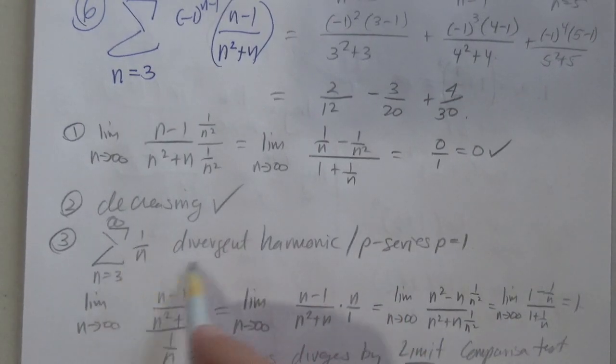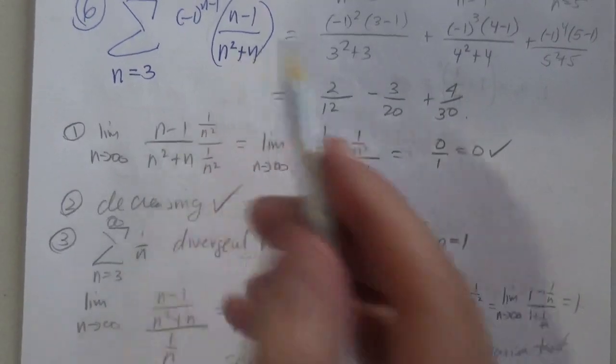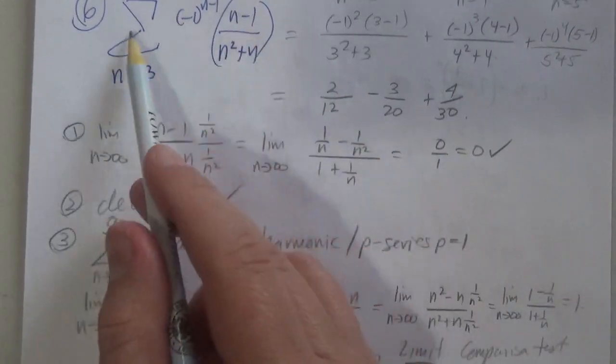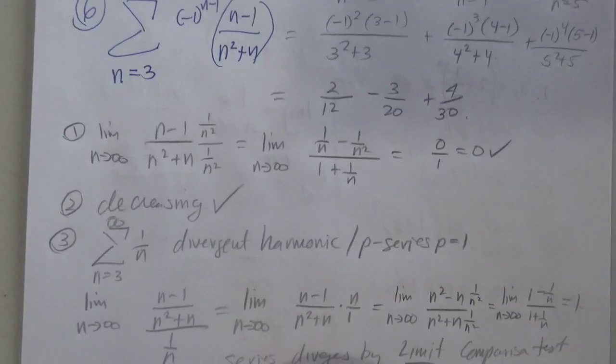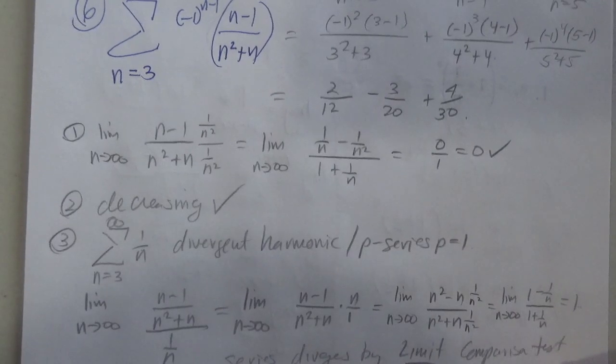Since 1 over n is a divergent series, this series only converges if it's alternating. So therefore it's conditionally convergent, and I need to write down alternating series test.